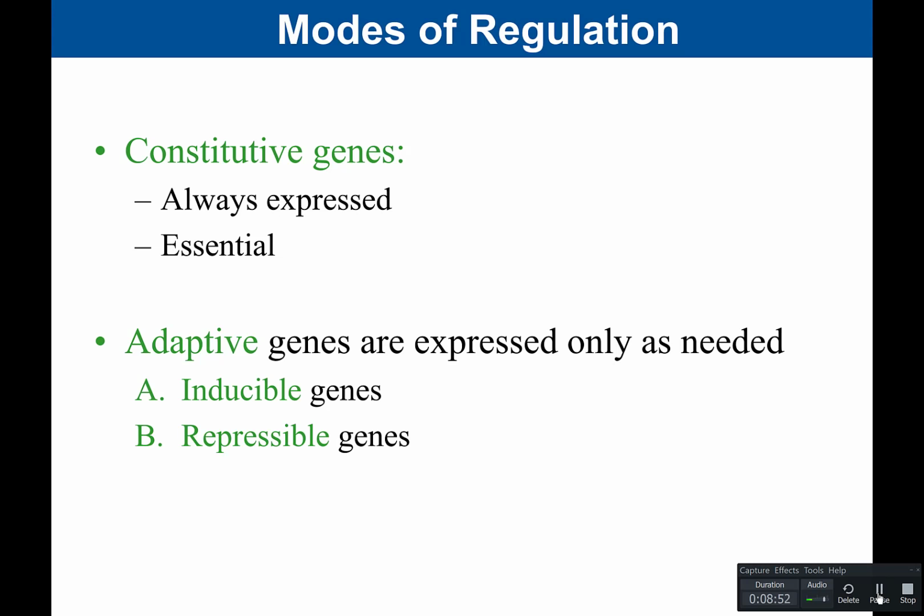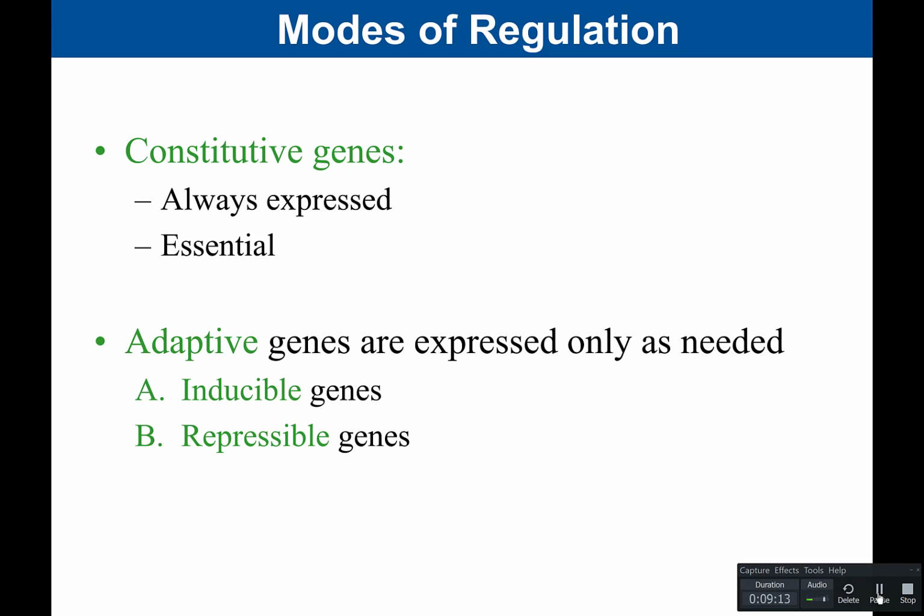So for example, if we were talking about bacteria, they can metabolize lactose. Lactose is a disaccharide. Now, if glucose is available, bacteria will preferentially choose to use glucose. It's a monosaccharide. It's easier for them to digest.